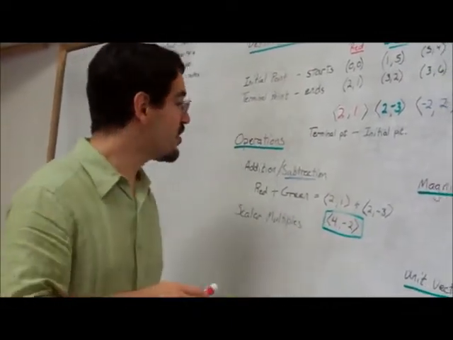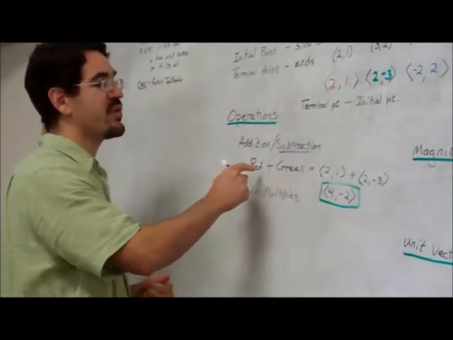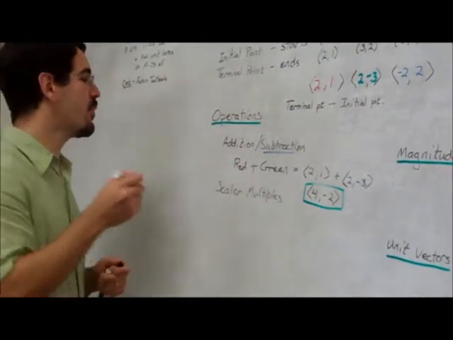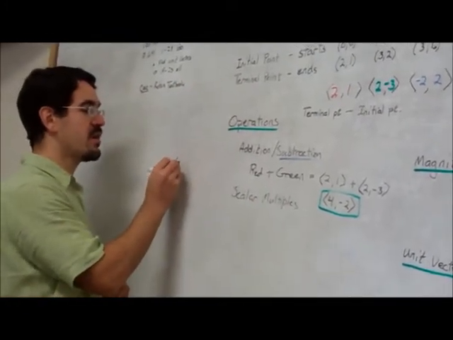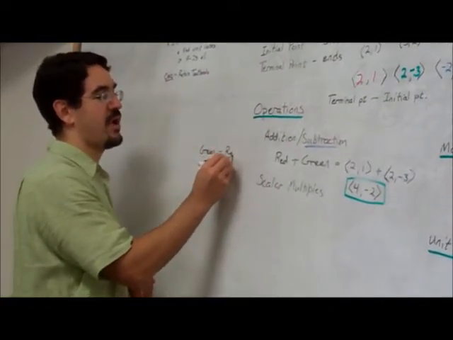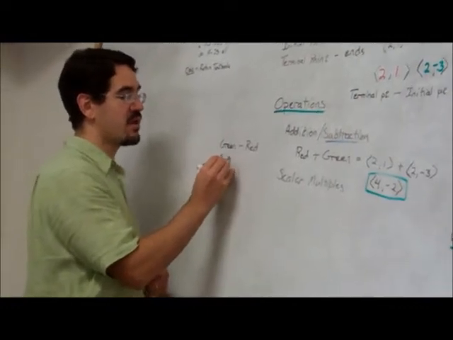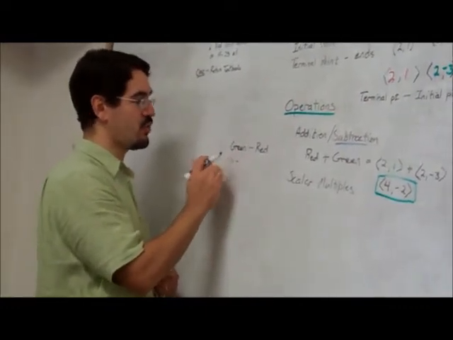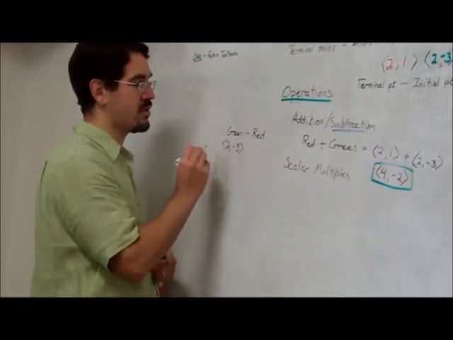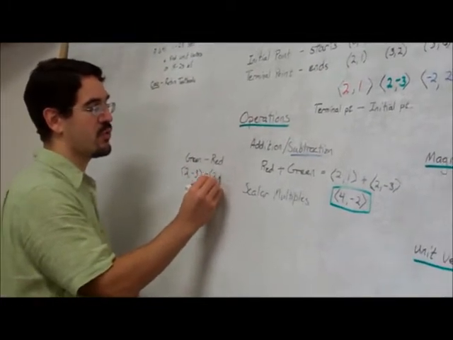So if I wanted to see what would happen if I combined the green with the opposite of the red, then what I would do instead would be the green minus the red. Think about that. It would give you 2, negative 3, minus 2, 1.